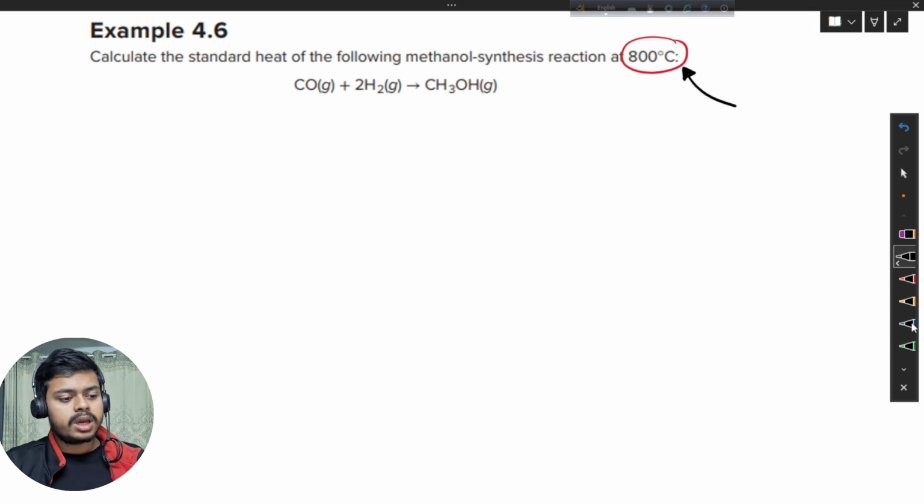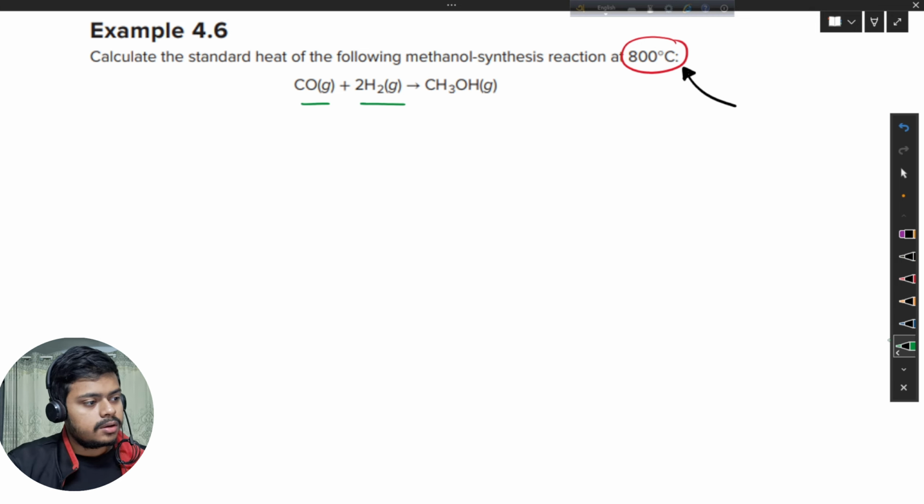A quick recap of our previous video: for any chemical reaction, take for example this reaction, we use the heat of formation method in order to determine the heat of reaction.